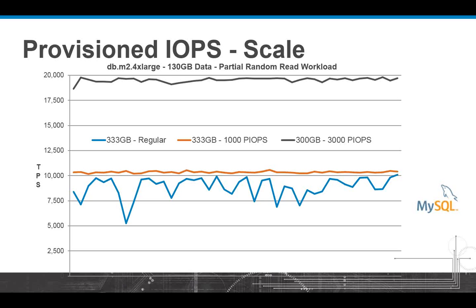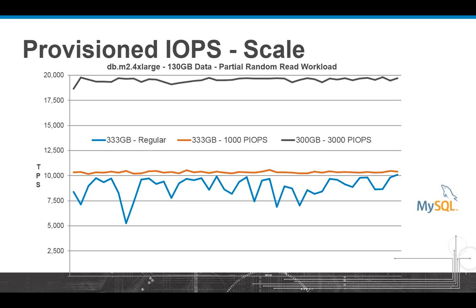The performance of the instance with 1,000 provisioned IOPS is very consistent, but it's kind of close to the performance that you're able to get with standard storage. The instance with 3,000 IOPS performs substantially better. It's very consistent. It performs almost twice as many transactions per second as the provisioned IOPS instance with 1,000 PIOPS.